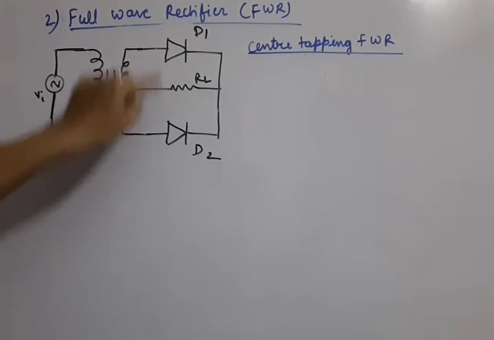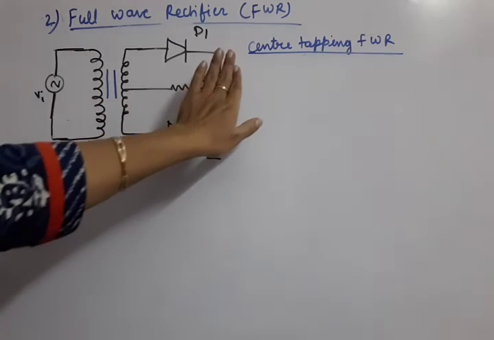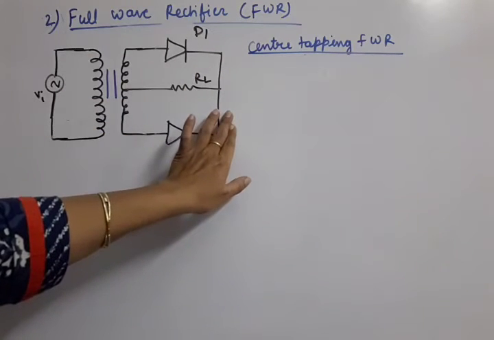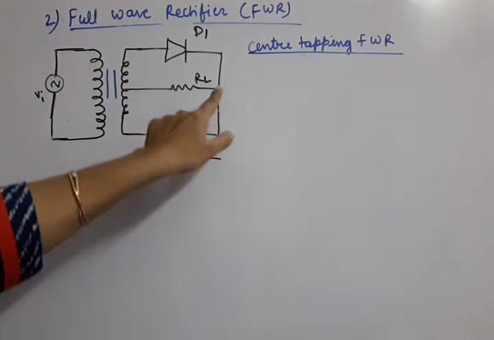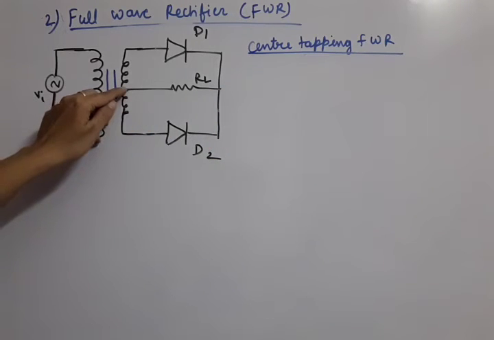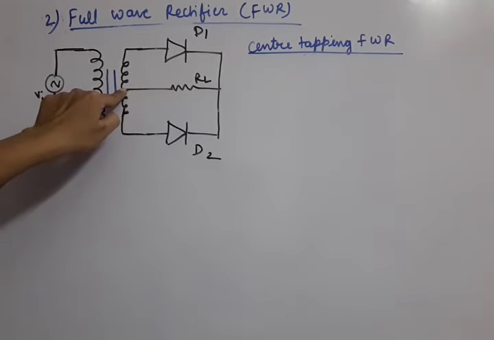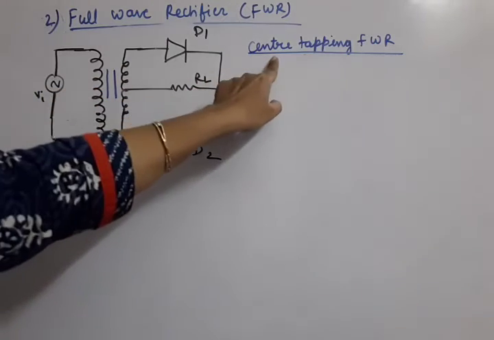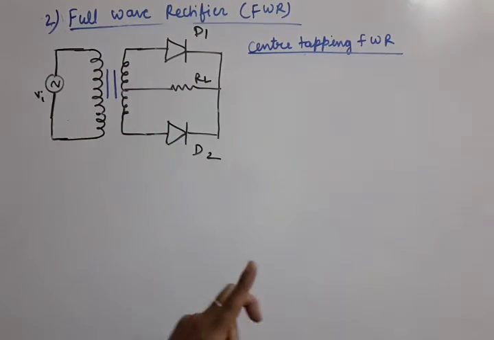Now you can see two diodes are connected, and instead of connecting the load resistance here like we did for the half wave rectifier, now the load resistance is connected to the midpoint of the secondary coil of the transformer. This arrangement is called center tapping full wave rectifier.